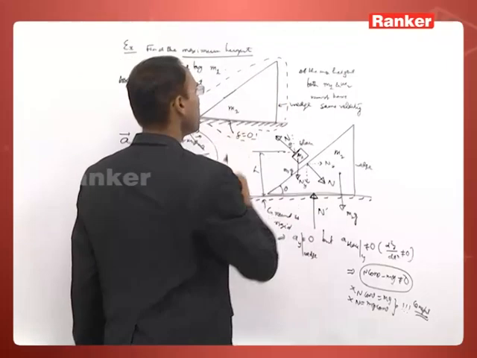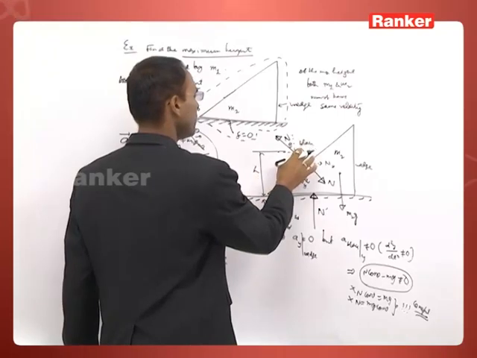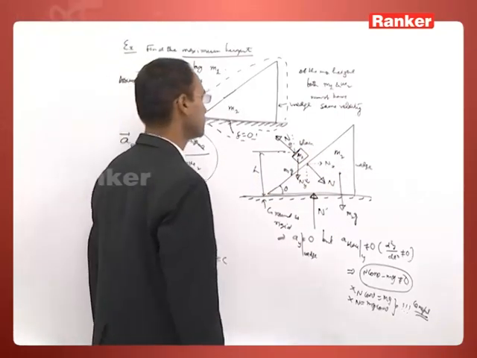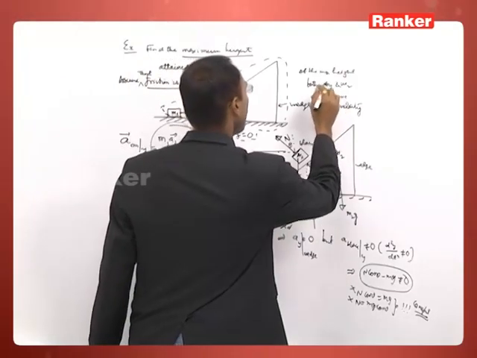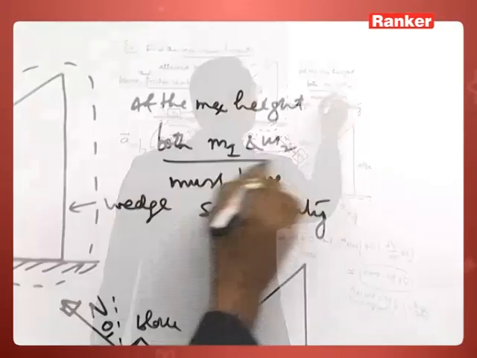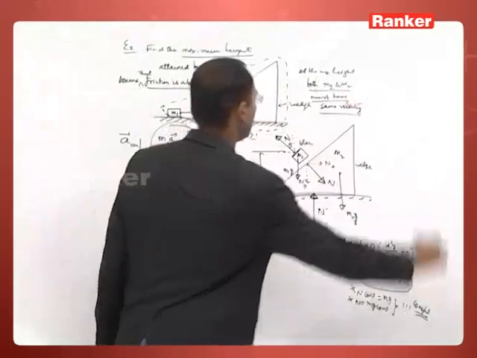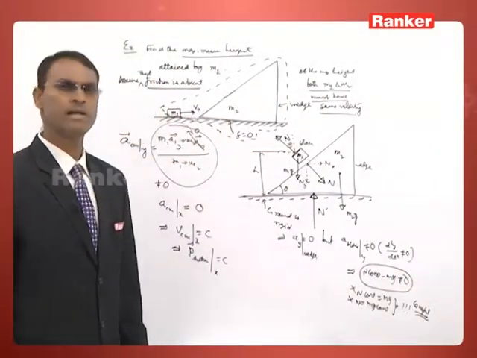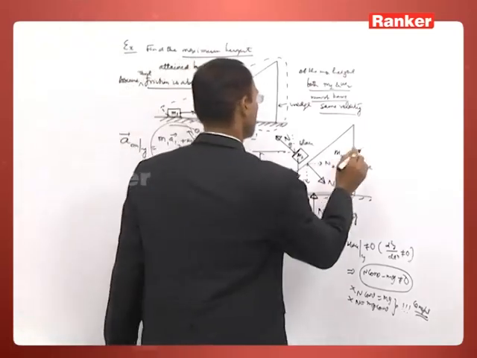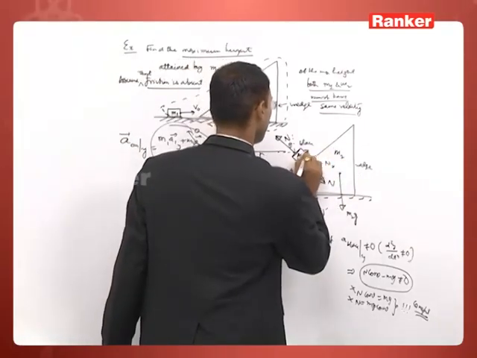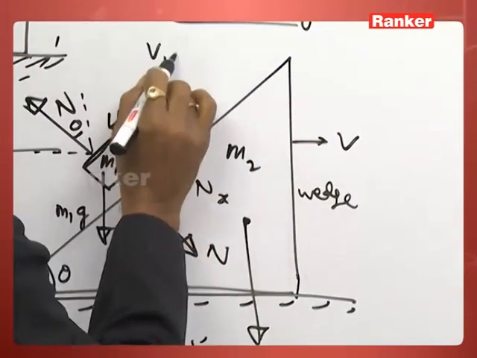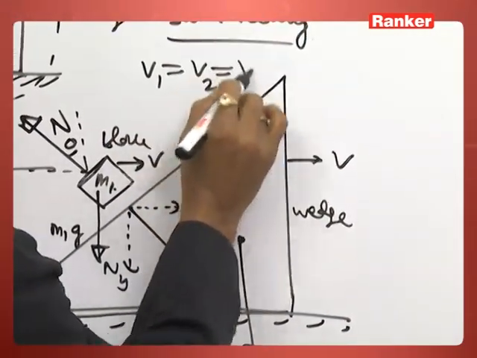When the height becomes maximum, this will stop sliding with respect to the wedge. Then both the bodies will move with some velocity instantaneously at that position. Let us assume their velocity is v.